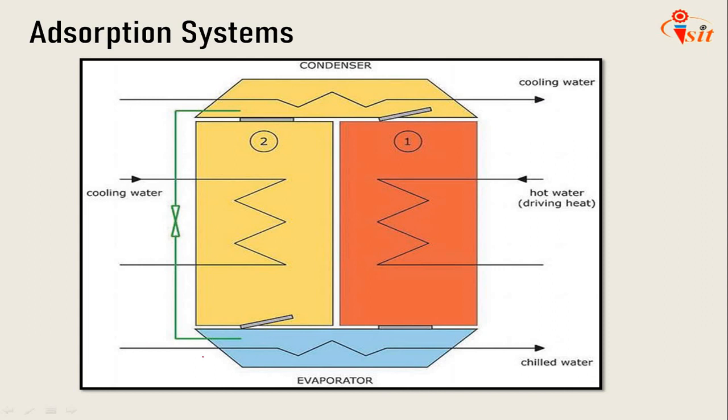In the adsorption system, the solid sorbent and refrigerant form adsorption pairs such as activated carbon ammonia, activated carbon methanol, activated carbon ethanol, silica gel water and zeolite water. So these are the sorbent and refrigerant adsorption pairs.